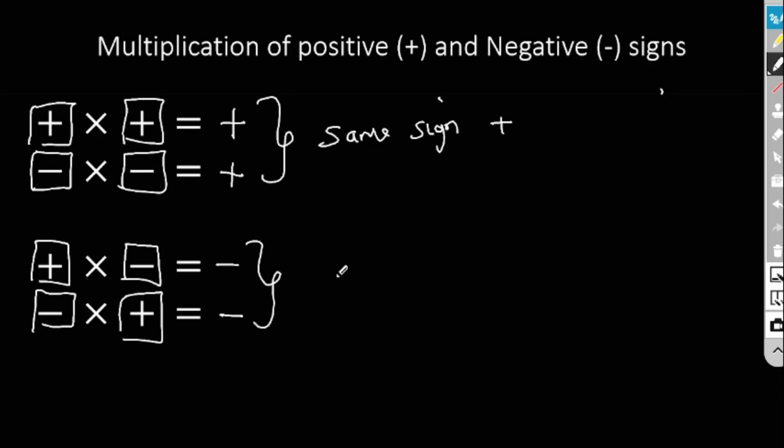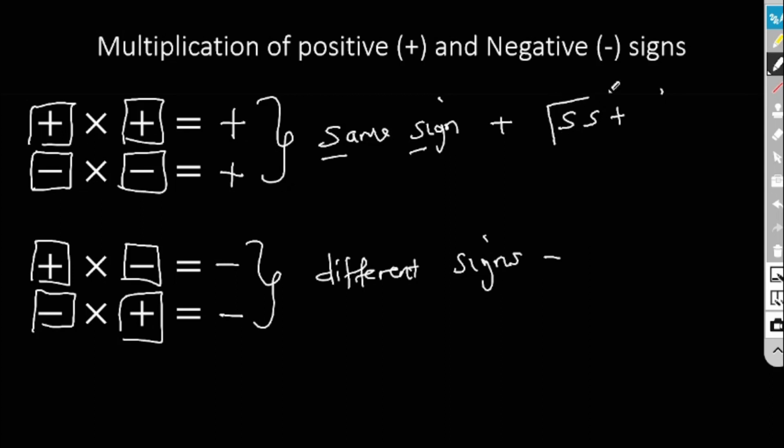And if you have different signs and you're multiplying them, then you're going to get your product as a negative sign. We can even use a shorter way of reminding ourselves by taking the first letter of these 2 words. In this case, you can say S for same, S for sign, then you'll always get a positive.